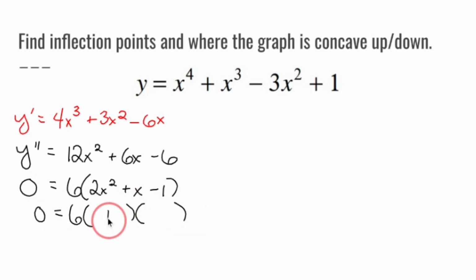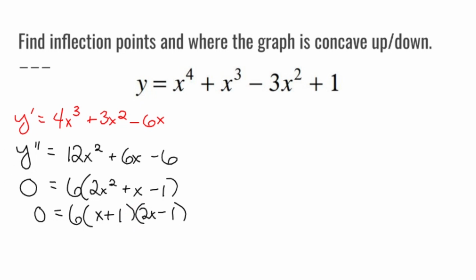One of them has to be positive and one negative, one of them has to be 1, one of them has to be x, and one of them has to have a 2 in front of it. 2x times negative 1 is negative 2x, so I had it backwards. Let's move the 2 over here: 2x squared minus x plus 2x minus 1. So that's what I need.